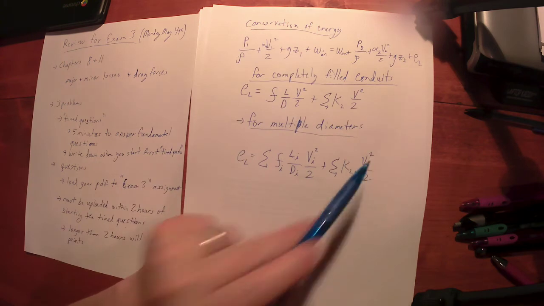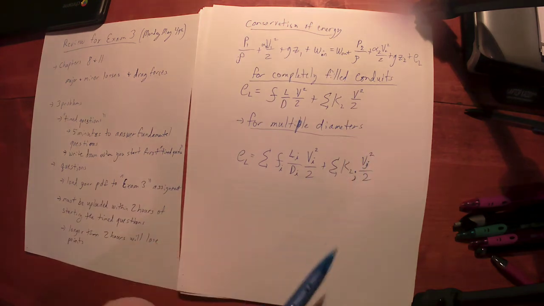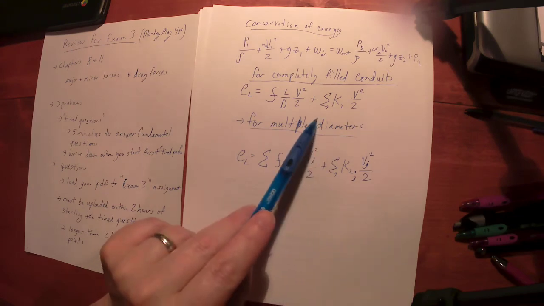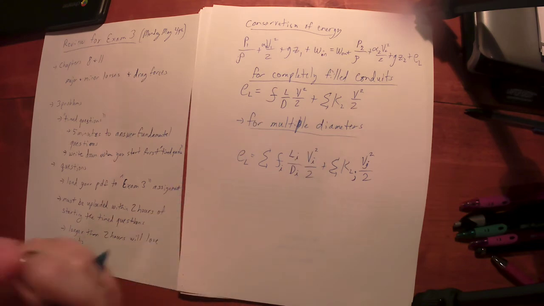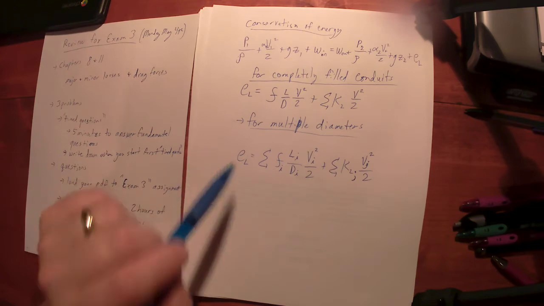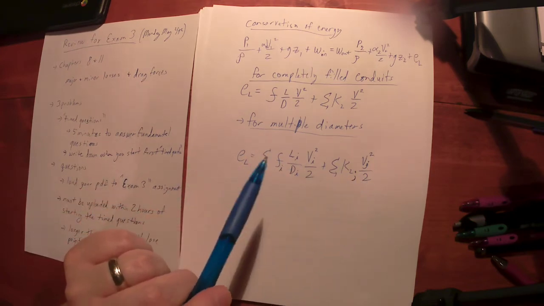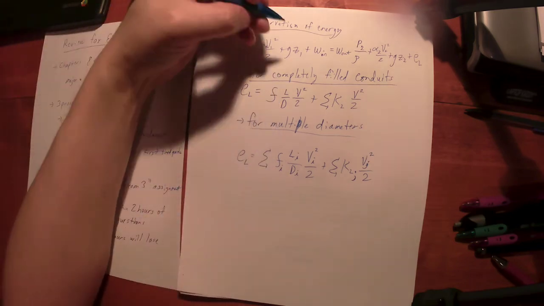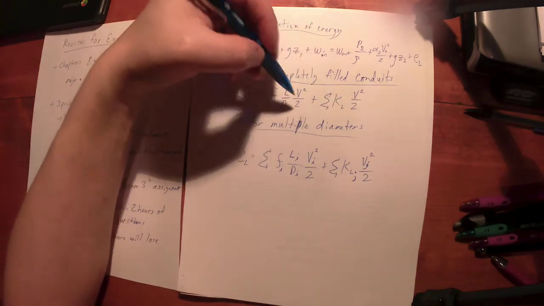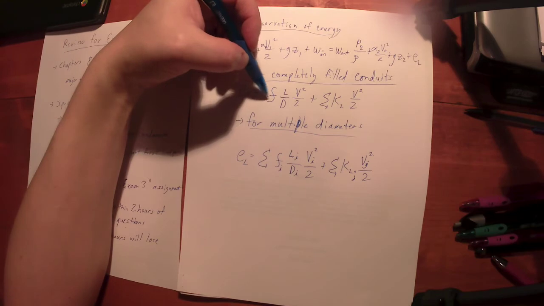Every average velocity is going to have its own set of minor loss coefficients that you're going to have to add up. So if I've got multiple diameters, an actual realistic piping system, this is what I need to do. For every different segment, I need to calculate the major and minor losses. But if I have a single diameter and the same pipe throughout, it's just major loss, minor loss, total length of pipe, Darcy friction factor throughout.